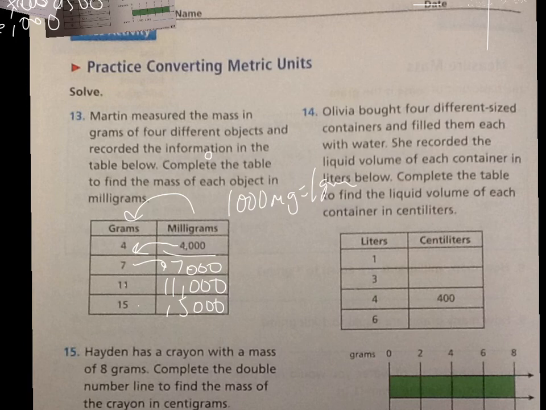I didn't really bring up a graph of liters, but it's the same type of thing. Liters is your base word, so centiliters is the same as centimeters and centigrams, to where there's 100 of them in 1 liter. So 1 liter would equal 100 centiliters. 3 would equal 300. Just multiply them by 100. 6 would equal 600.